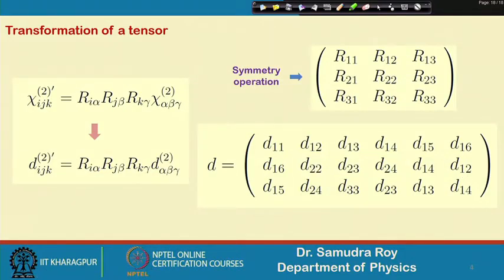Okay, this is again the old slide, where we now say that whatever matrix we use as the transformation matrix, rotation matrix, or in general operation matrix, is symmetric in nature.